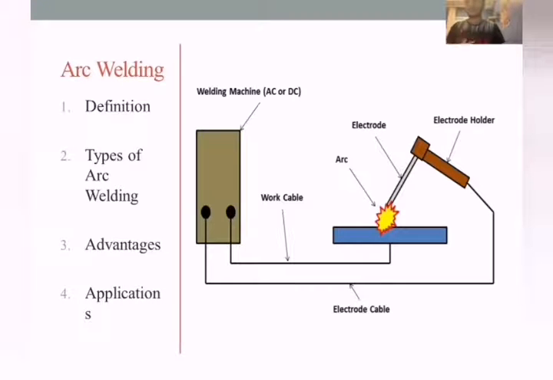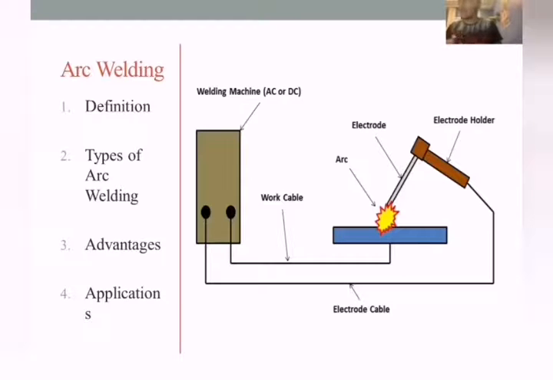And as you can see, the workpiece is where we can work and use the electrode on it. So this is the base. These are the basic components of arc welding. Now there are other types of arc welding, such as consumable arc welding and non-consumable arc welding. You have to know the basic difference between them.